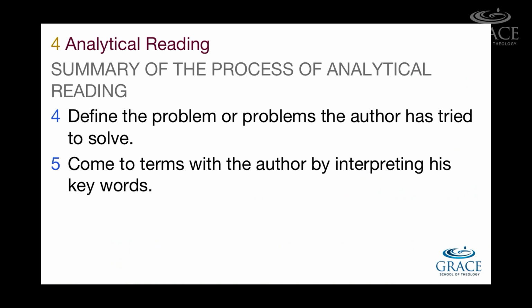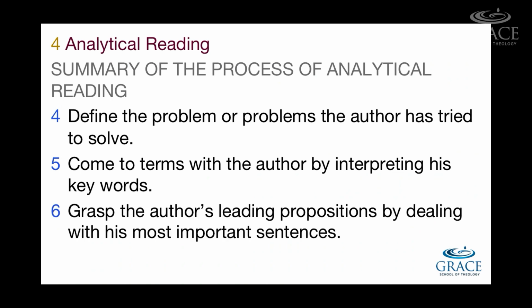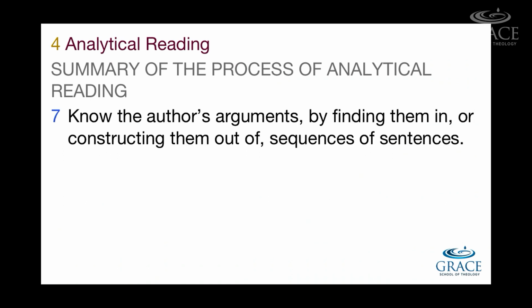Again, we have to know terminology. Number 6, grasp the author's leading propositions by dealing with his most important sentences. And finally, number 7, know the author's arguments by finding them in or constructing them out of sequences of sentences. And we might say here, finding them in paragraphs. This is the end of 6.2.